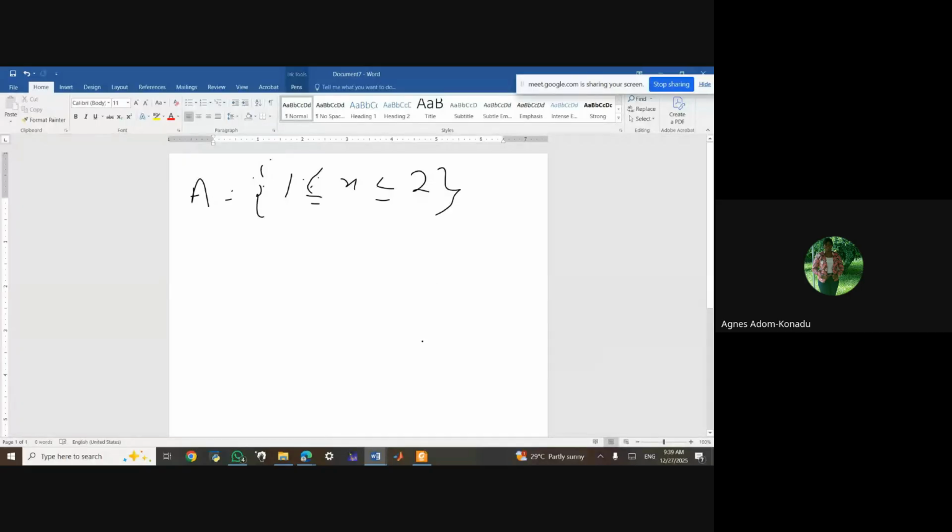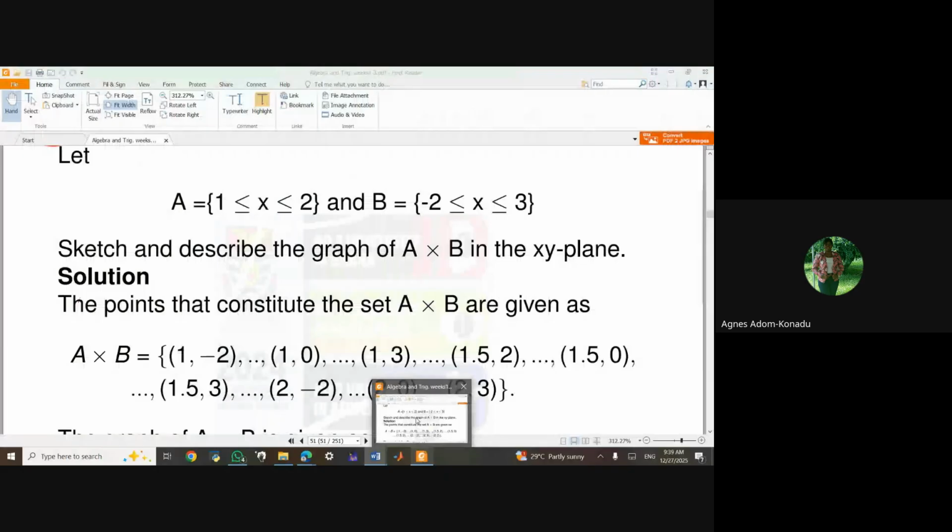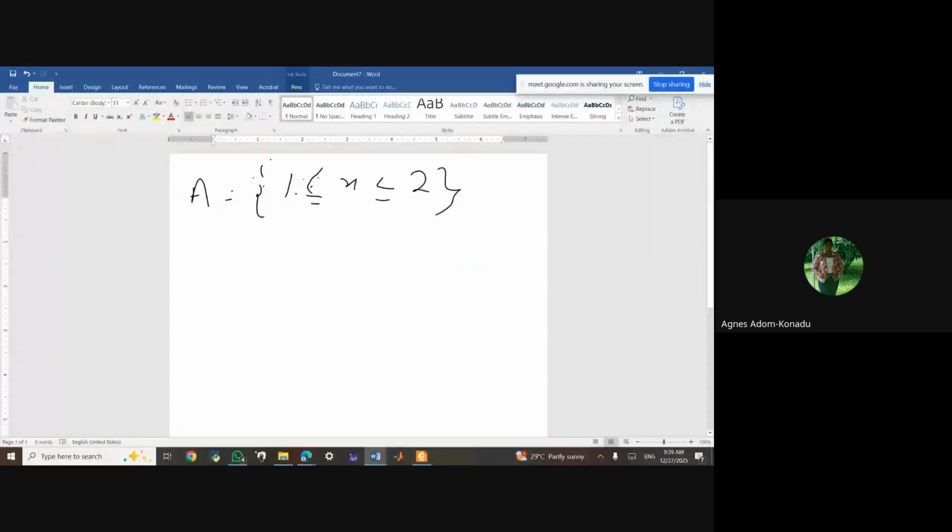This is my set A. And my set B is from -1 to 3. And I want to find A cross B.